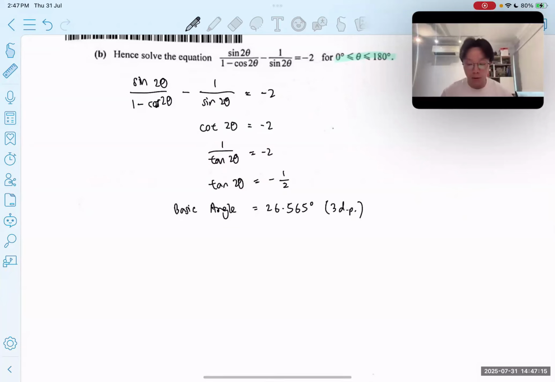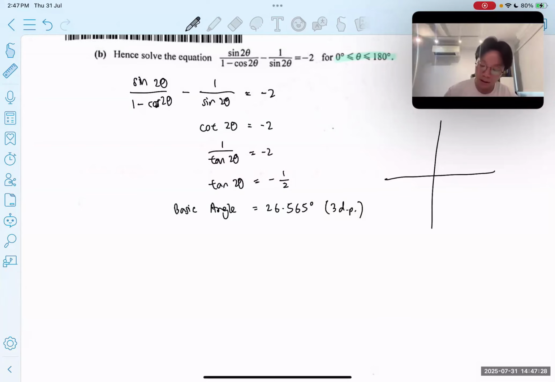As we are not too sure what answers we can accept, all we know is that they have a domain of 0 degrees to 180 degrees right now. So going by your ASTC quadrant, ASTC.